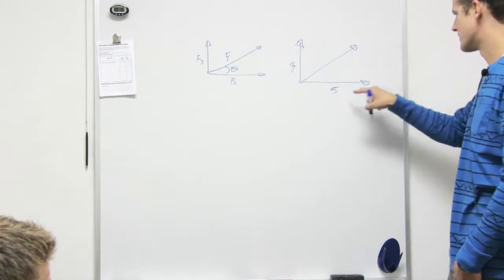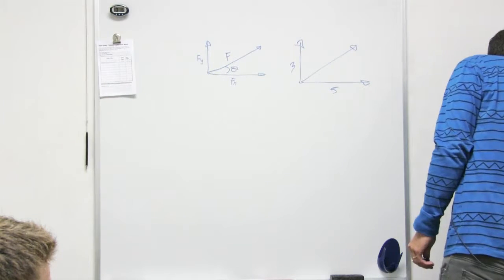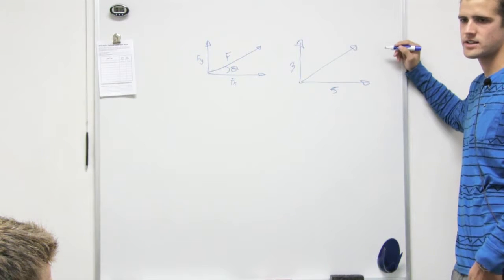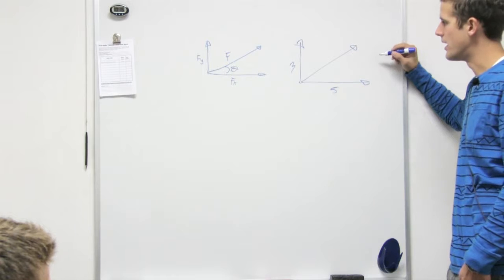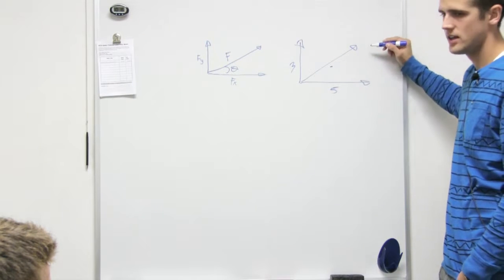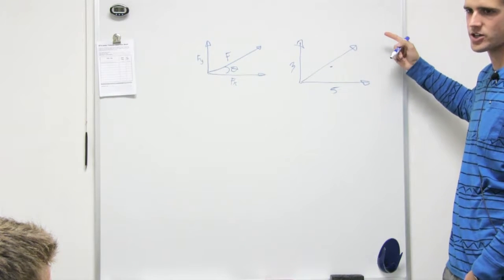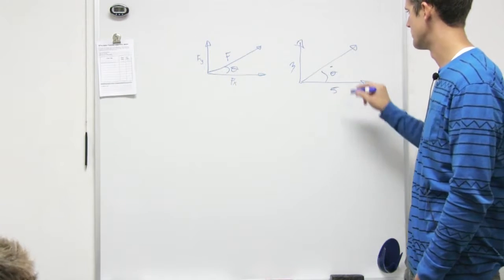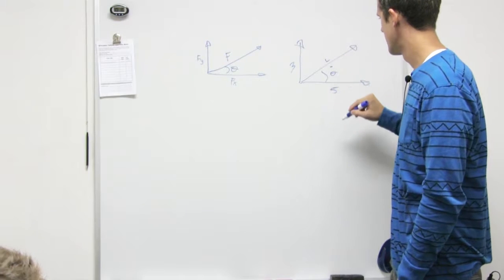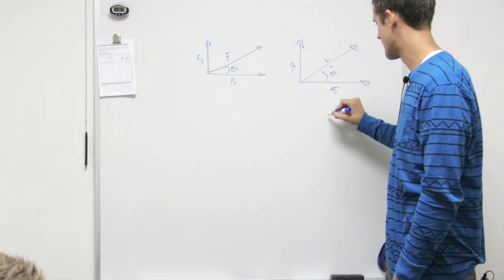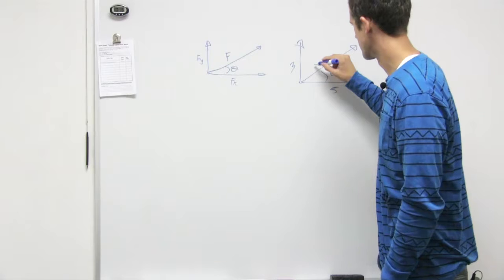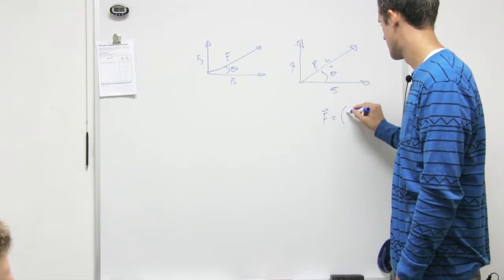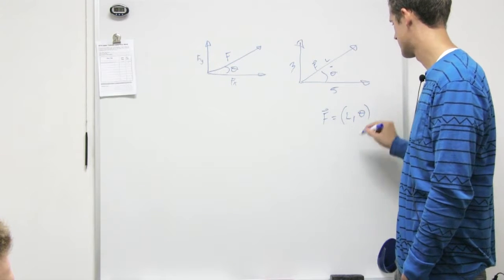So if this was the vector you had, and you wanted to find the length of this one, what it's asking for is this vector in terms of a length and a direction angle. So it's asking for this length here, and then the theta, and you write it as, say this is vector F, so F is equal to your length and your theta.